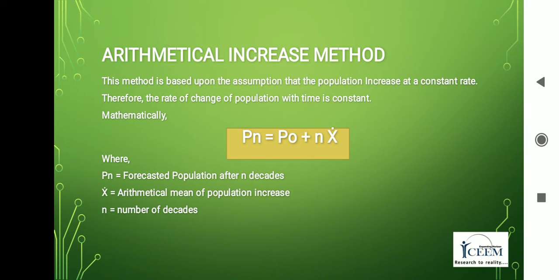P0 means the latest population, we know the value of that decade. Then n is the number of decades and x bar is the arithmetical mean of population increase. This is all about the arithmetical increase method. We see an example based on this method.